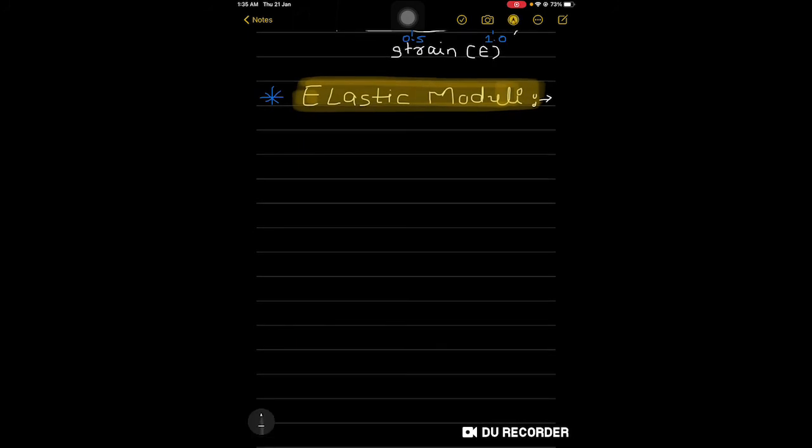Here there is a new term, that is modulus of elasticity, and modulus of elasticity is equal to sigma over epsilon, that is stress over strain.